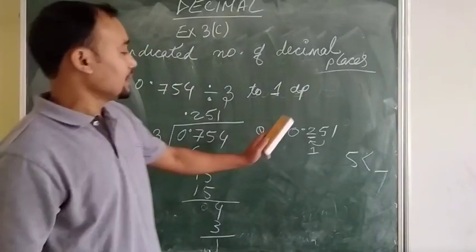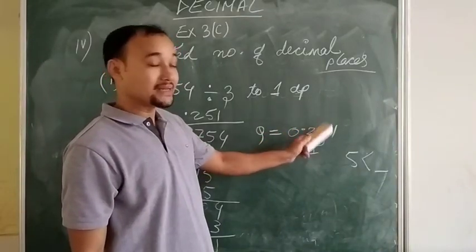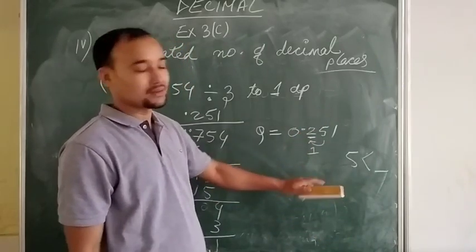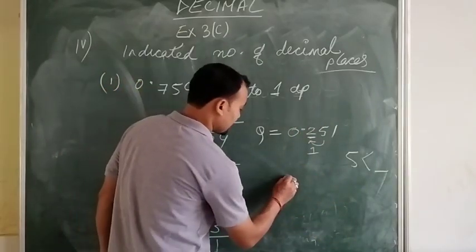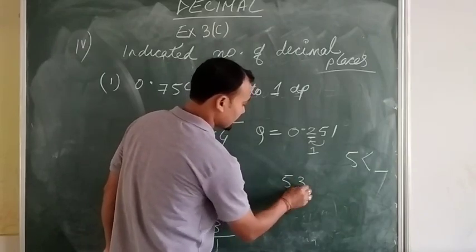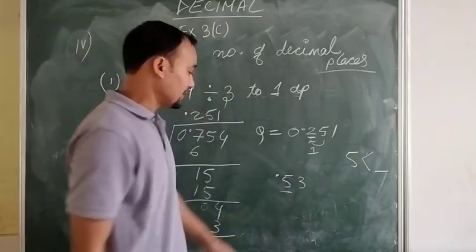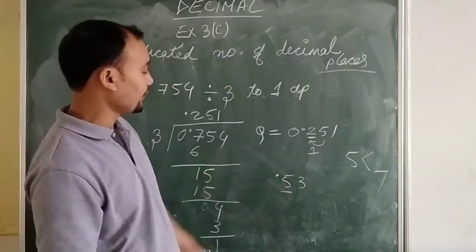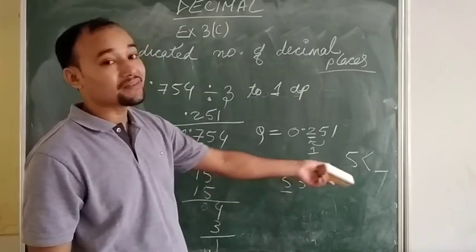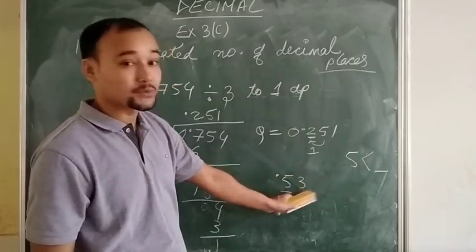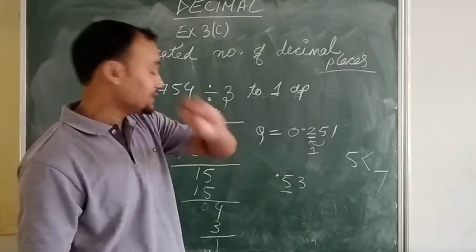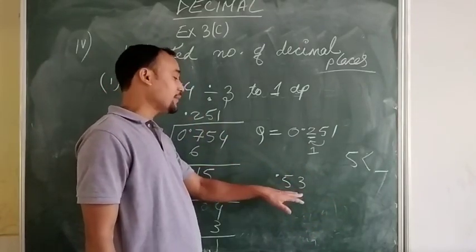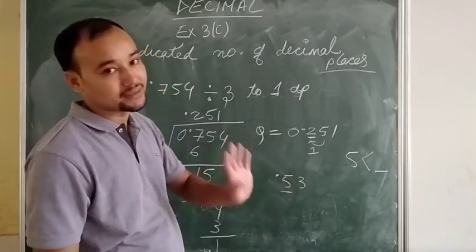If the following number is less than 5, suppose it is 2, 3, anything, like I am giving one example: 5, 3. I need to stop at 5. In order to stop here, we need to check the 3. Now 3 is less than 5, so it is contributing nothing to 5. That is, 5 will be left as it is.